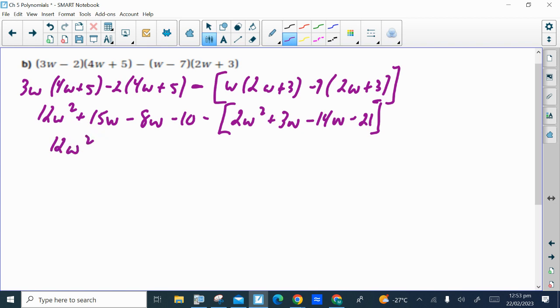My next step, I'll combine my like terms. 15w take away 8w is positive 7w. Three w take away 14w will be minus 11w.